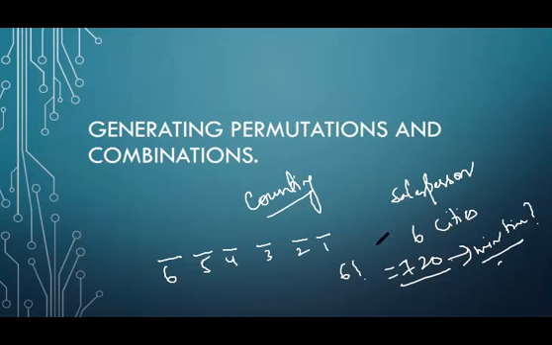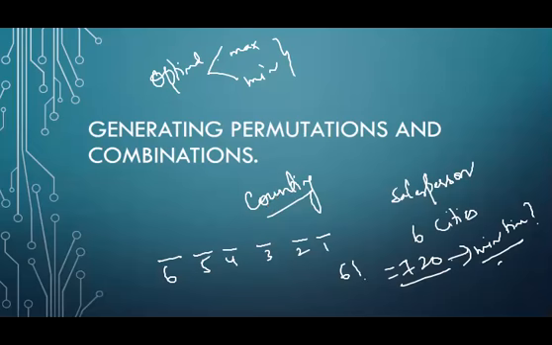Similarly, with combinations also, we need to know the different combinations so that we know which will be optimal. Optimal solution means the one which gives either the maximum or minimum based upon the problem. So to know our optimal solution, we need to generate the permutations and combinations.